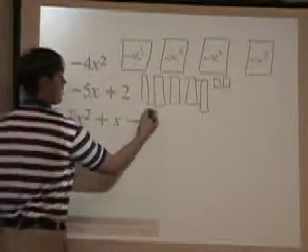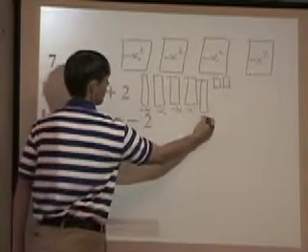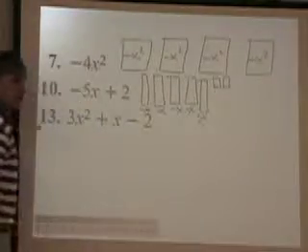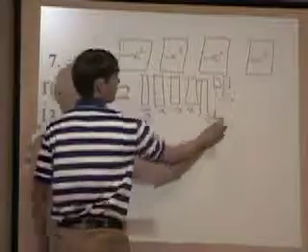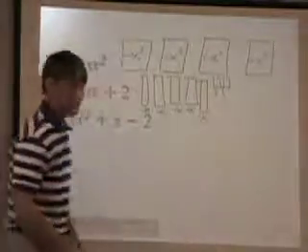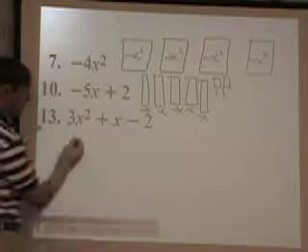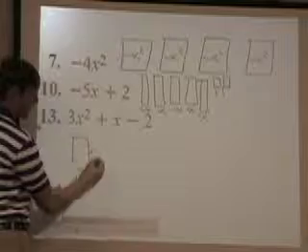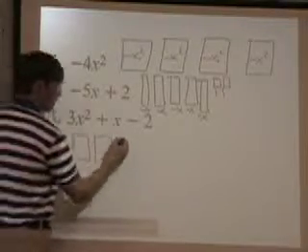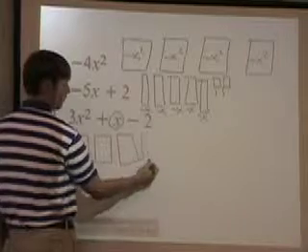Now, on your tiles, these would all be red because it's negative. So we're going to write below it negative x. This is negative x. This is negative x. This is negative x. This is negative x. This is 1. This is 1. So we know negative 5x plus 2. On the last one, how do you write 3x squared? 3 big squares, 1, 2, 3. How do you write this? 1 skinny one.